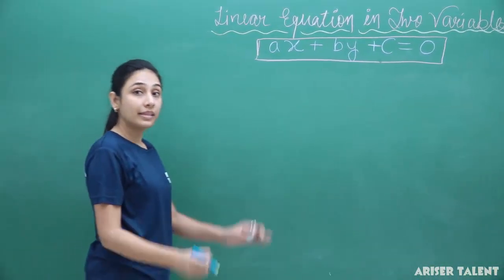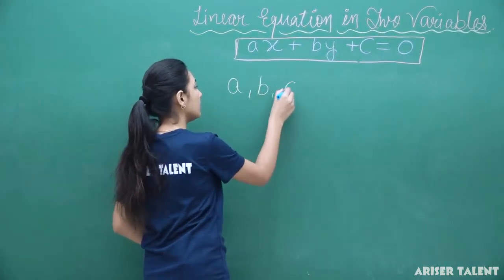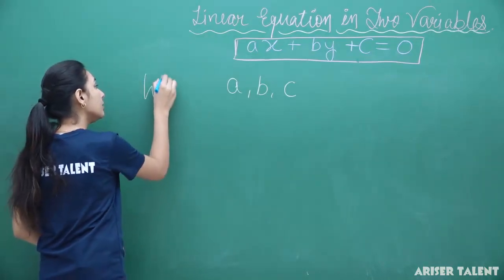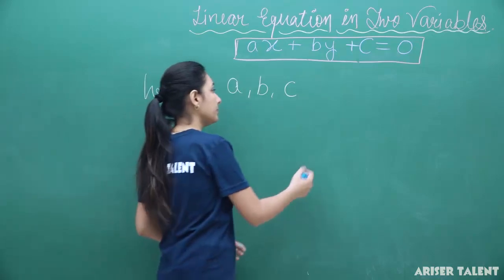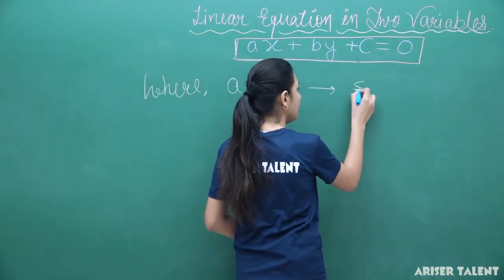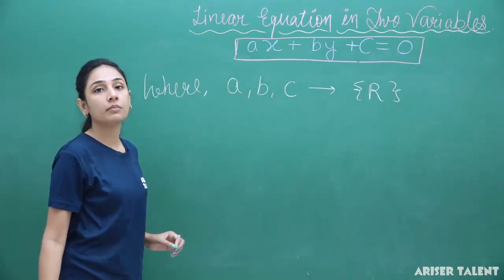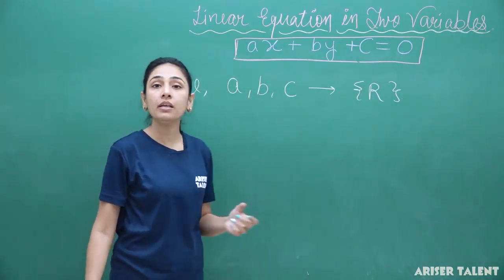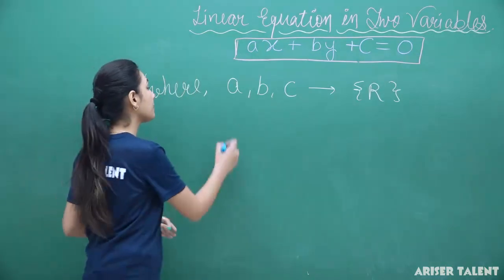So the deal is A, B, C will be real numbers, always real numbers. A, B, C must be real numbers, okay.